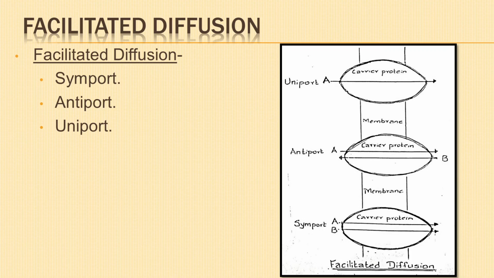Movement of two types of molecules across a membrane in opposite direction through protein channel is known as antiport. Movement of one molecule across a membrane independent of the other molecules is called uniport.